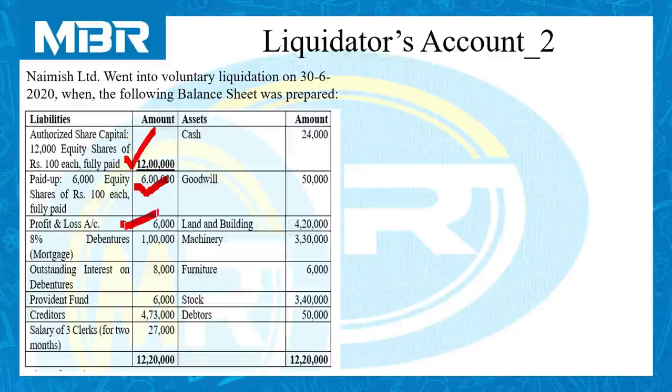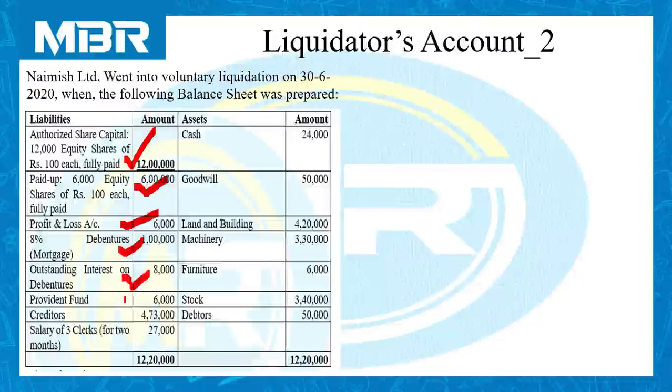Profit and loss account 6,000. 8% debentures 1 lakh. Outstanding interest on debentures, which is given to us in the balance sheet, is 8,000.